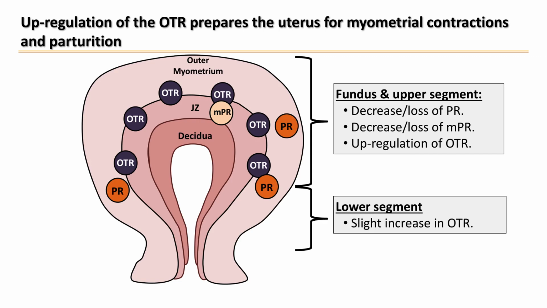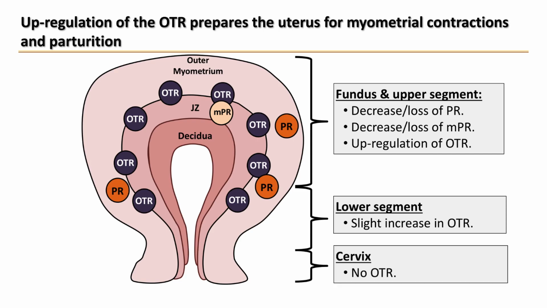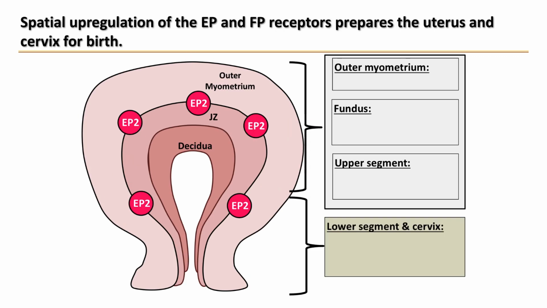In the lower segment, we only see a slight increase in the oxytocin receptor, which is logical, being that this segment will have to relax to allow passage of the baby through the birth canal. And in the cervix, we find absolutely no oxytocin receptor, and also no EP1 or EP3, thereby not allowing the prostaglandin E to cause contractions.